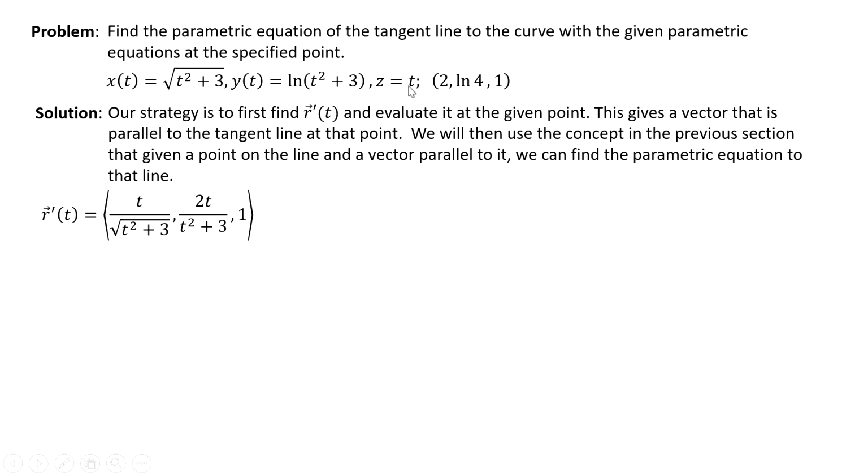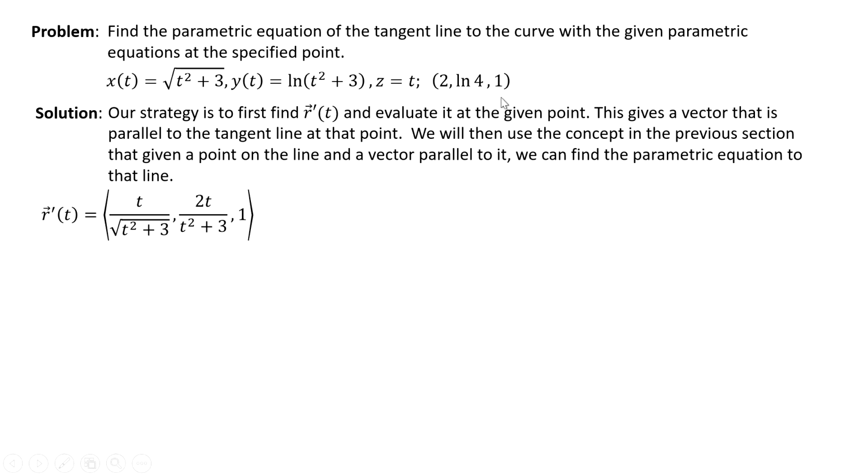Z then becomes, by virtue of being equal to t, negative 1. Is that the z coordinate? No, z is 1. So, in fact, we could have been much more judicious and said, wait, z equals t, and according to this, z equals 1, therefore t must be equal to 1. Can we use that logic? You bet you can. Right?